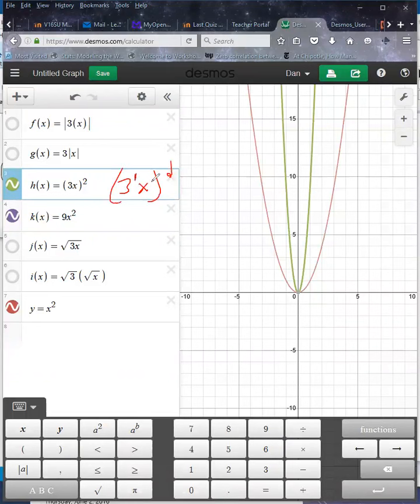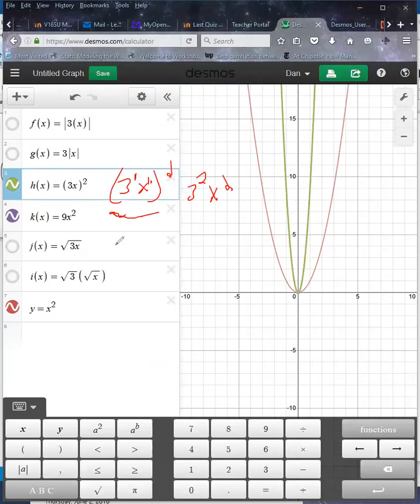If you follow the exponent rules you learned back in college algebra, you can square the 3 and square the x, and 3 squared is 9. That's what allowed me to write that. Okay, so that's how you can transform that horizontal compression into a vertical stretch.